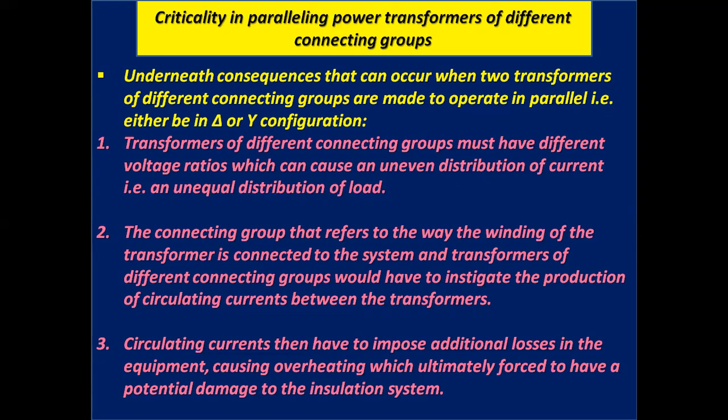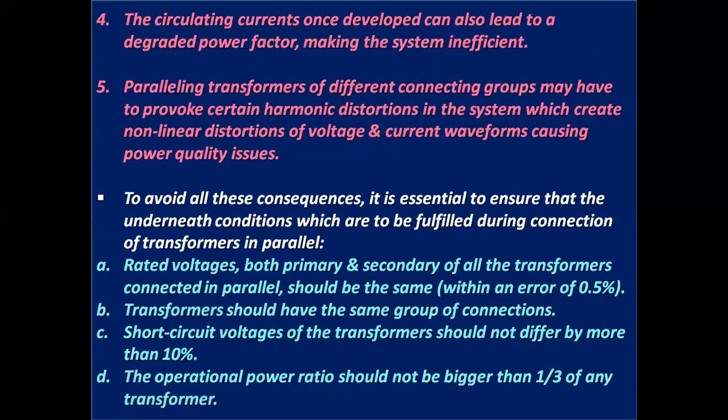Circulating currents then impose additional losses in the equipment itself, causing overheating, which ultimately has the potential to damage the insulation system. The circulating currents, once developed, can also lead to a degraded power factor, making the system inefficient.